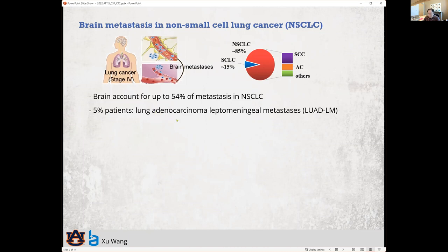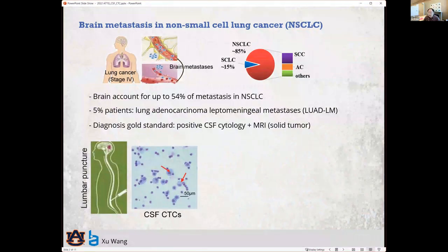Lung adenocarcinoma leptomeningeal metastasis is a common form affecting 5% of lung cancer patients, and they often have poor disease outcomes. CSF, or cerebrospinal fluid, cytology is the gold standard for diagnosis, and MRI is used to locate the solid tumor in the brain.